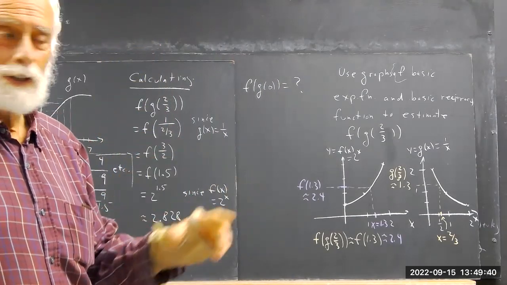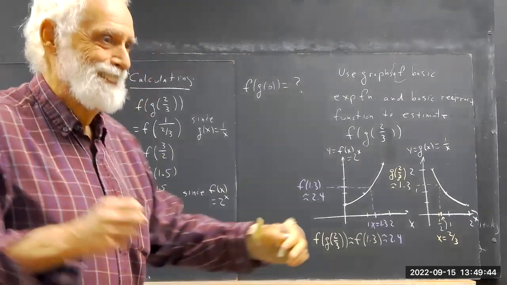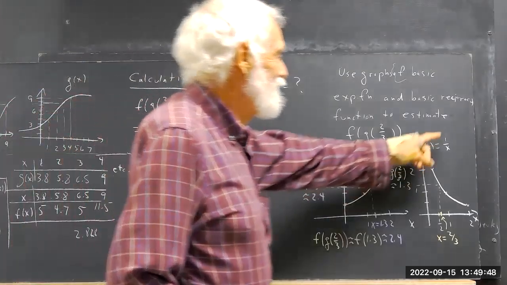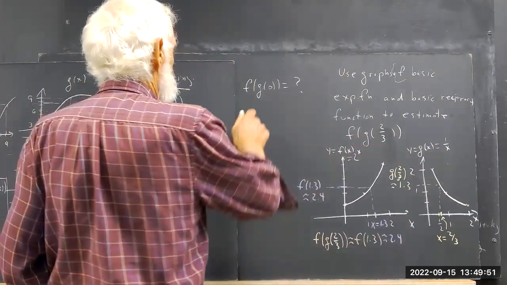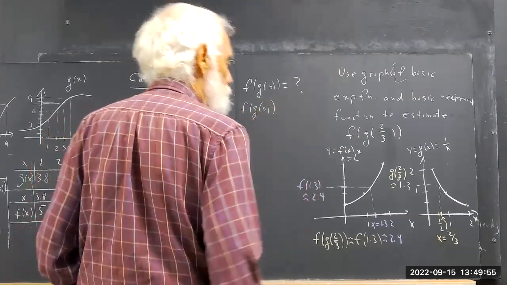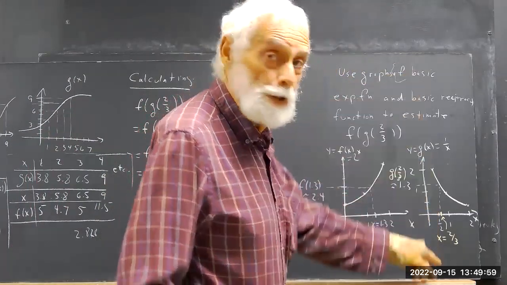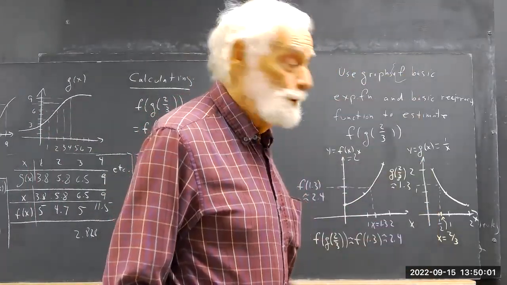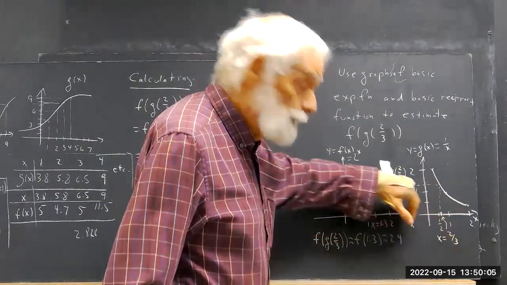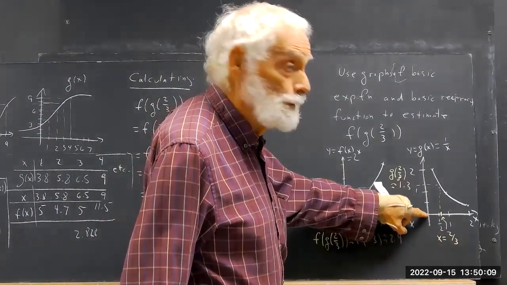F of g of 0 would be problematic because we have to start at 0 here, and there's no point on the graph. Because remember, as we go twice as close, we go twice as high. We never get to the y-axis. There's no value for x equals 0.